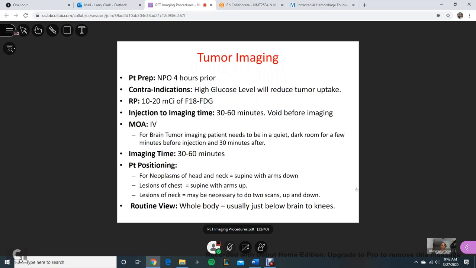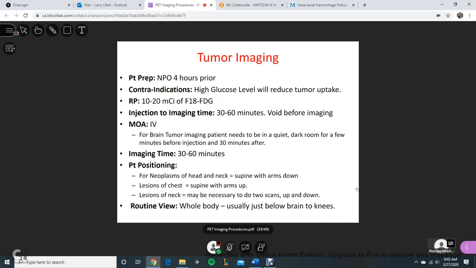All right, now we're going to go into tumor imaging. So the patient prep is that the patient has to be NPO for 4 hours. Your contraindication is high glucose levels will reduce the tumor uptake, which we said before in the PET imaging for the brain. Your radiopharmaceutical would be 10 to 20 millicuries of FDG.